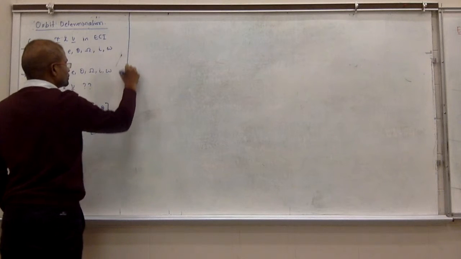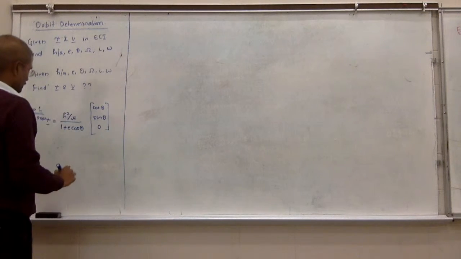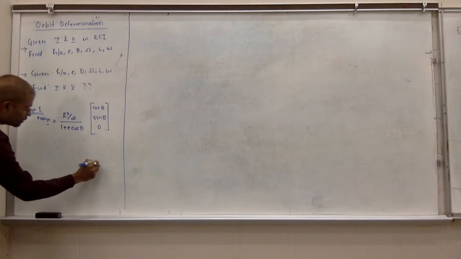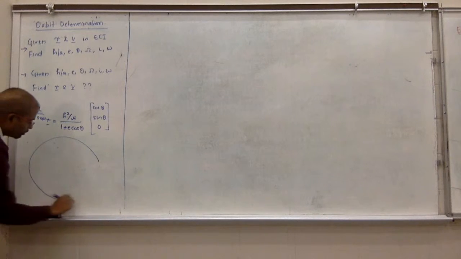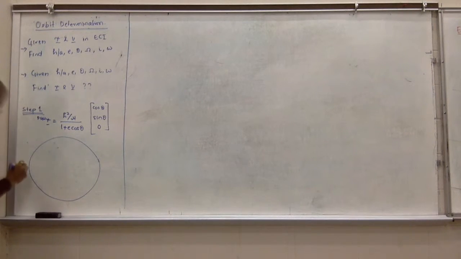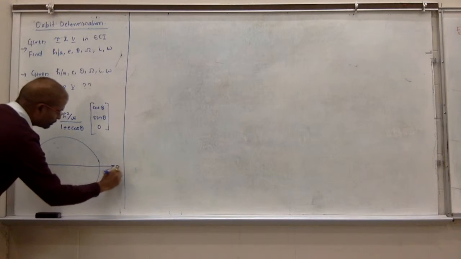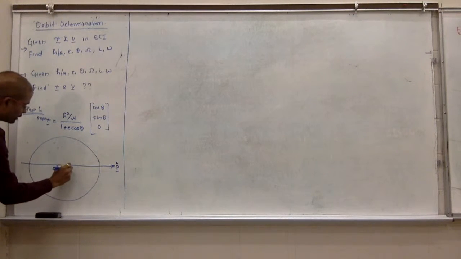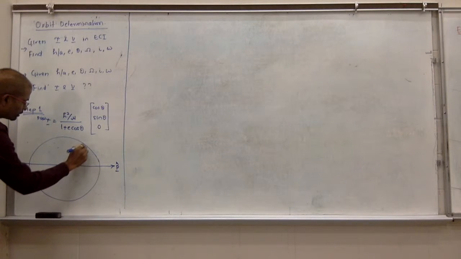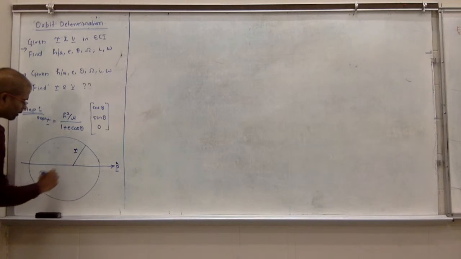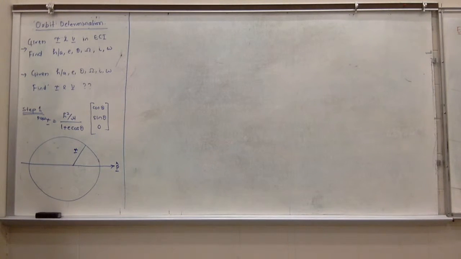I'm going to explain this to you. You have this, right? This is your orbit. What is this direction? This is the perigee direction. Let's say this is your R.